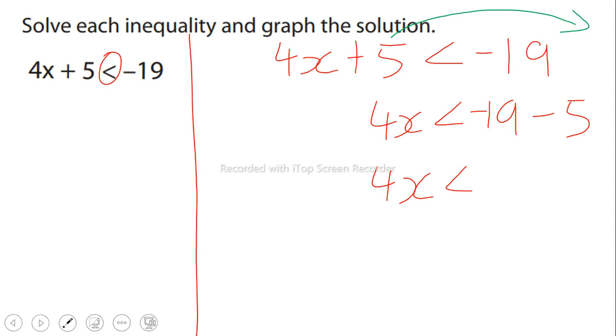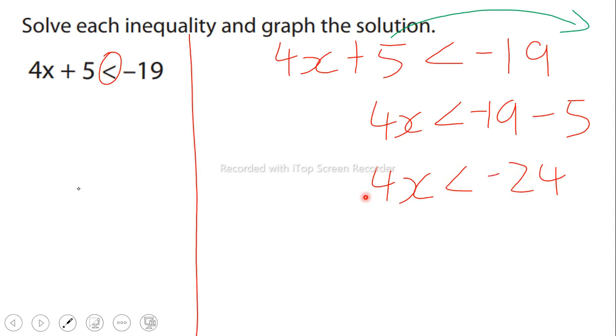Now, how did she get that? Well, if you think about it, if you owe someone $19 and you owe another person $5, how much do you owe altogether? 24. You owe 24. Okay. So we have 4x is strictly less than negative 24.